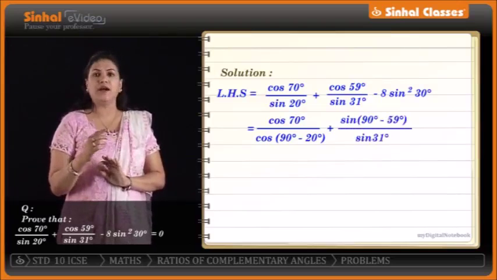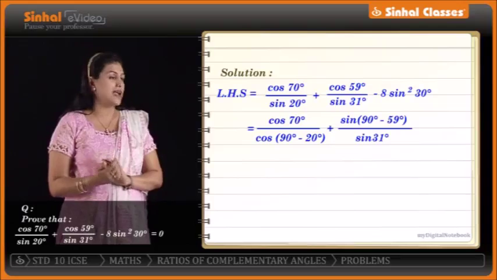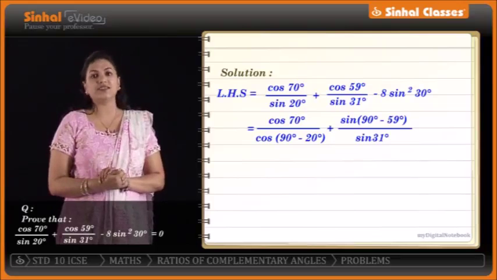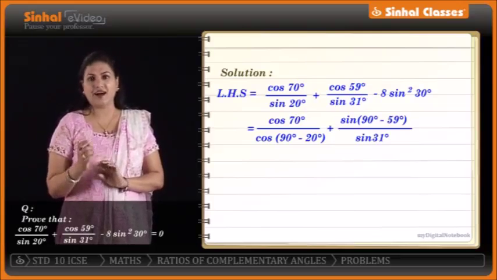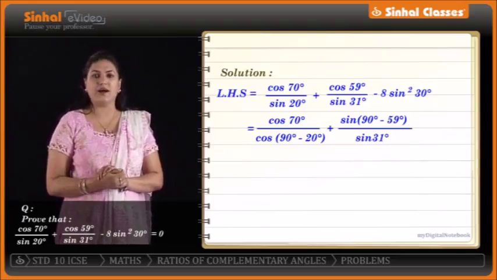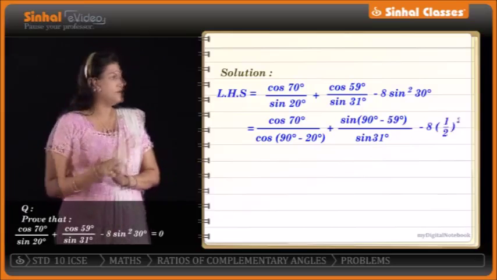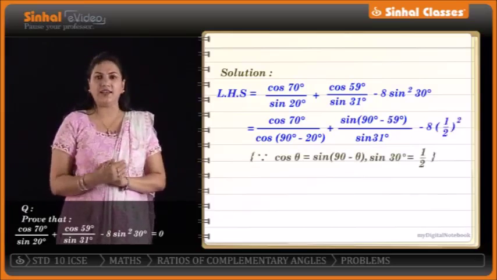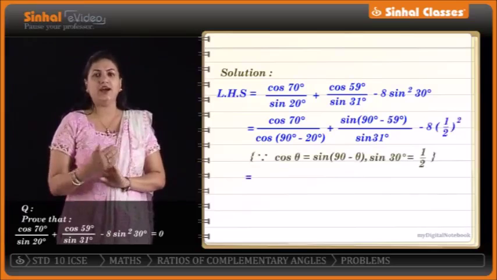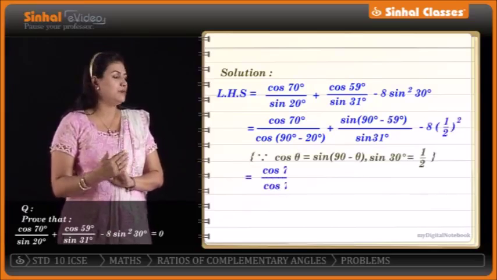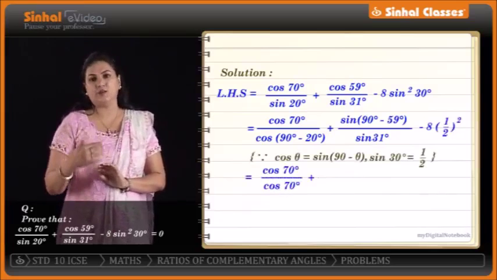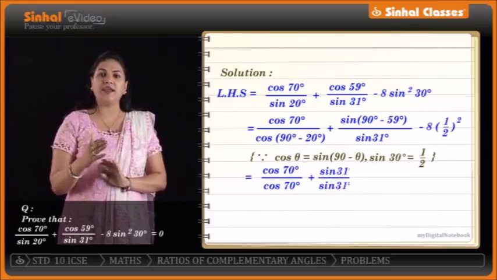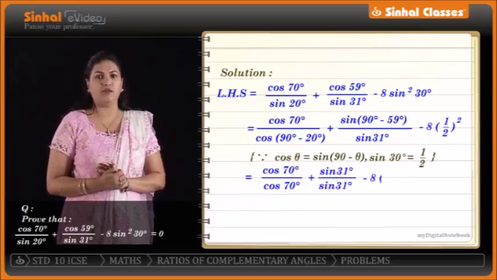Now the third term minus 8 sin square 30. What is sin 30? It is half. So the third term becomes minus 8 into half square. We simplify the first term as cos 70 upon cos 70 plus sin 31 upon sin 31 minus 8 into 1 upon 4.